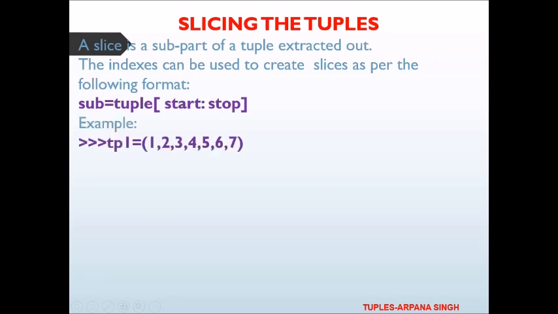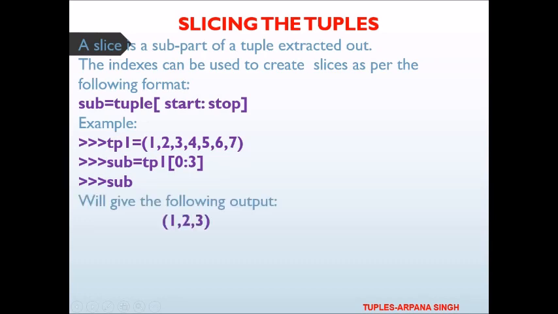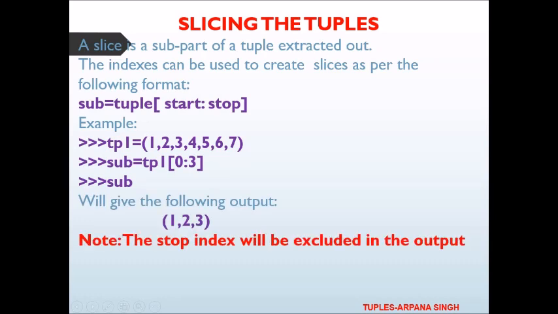If you write tp1 is equal to 1 2 3 4 5 6 7, and you write tp1 0 colon 3, so 0 is the start index, and 3 means 3 minus 1, that is 2, will be the stop index. So indexes 0 1 2 will be elements 1 2 and 3. So the stop index is excluded, this you have to remember. Here the stop index is 3, so it will be excluded.